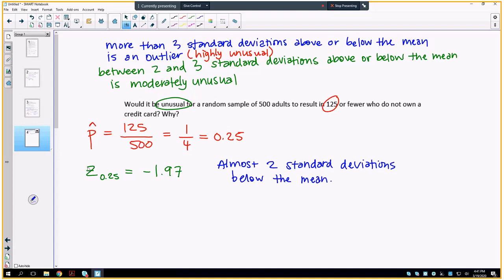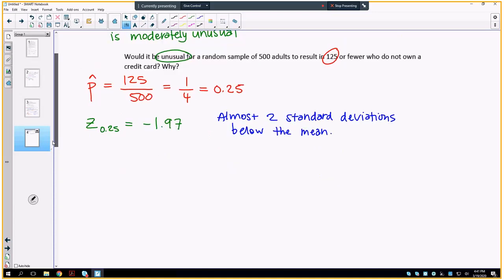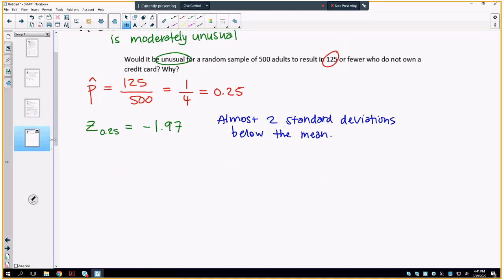So in this case, that is actually not falling into this category of more than 3 and not falling into this category of between 2 and 3. So it is actually not unusual. It's kind of cutting it close, but it's not unusual.